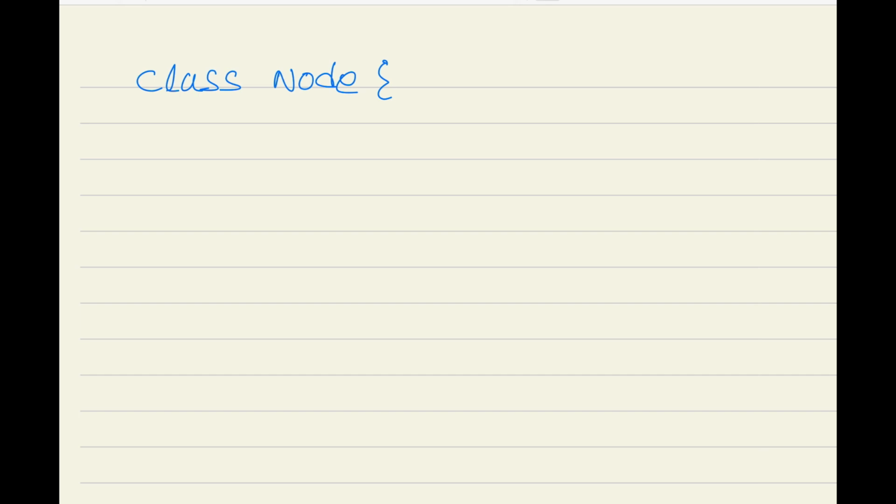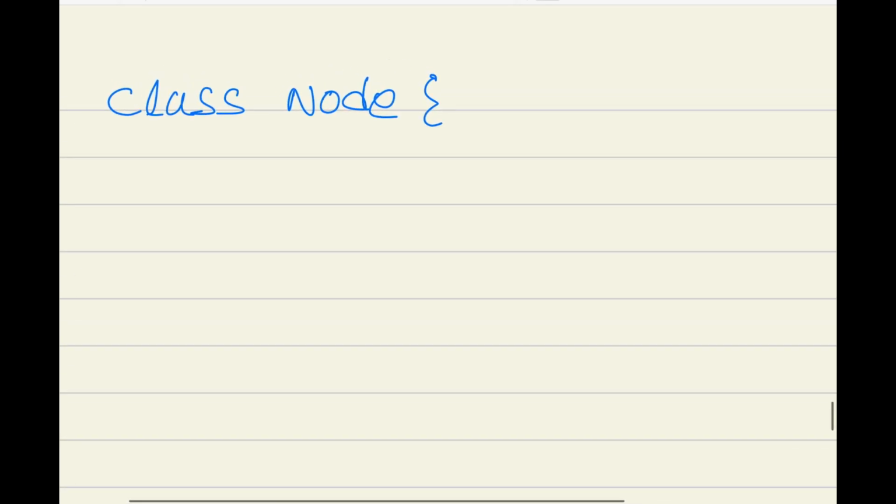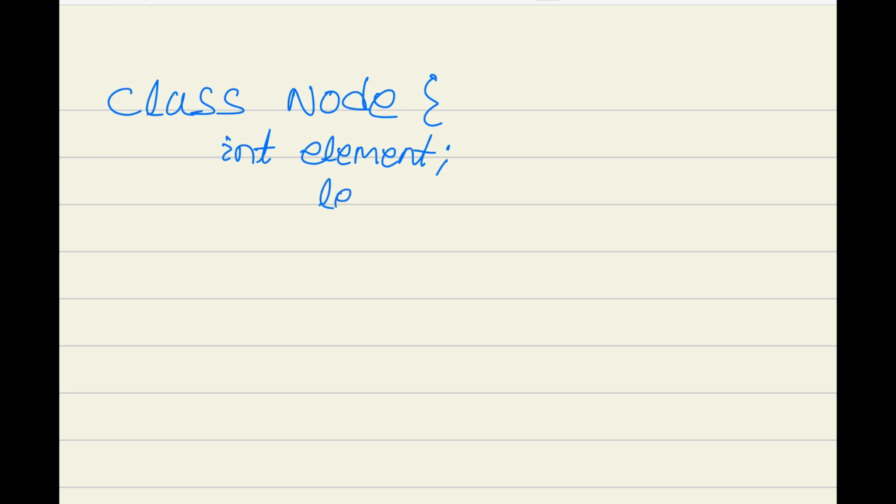One is the integer value, the variable element of type int, and another one is a reference to the left subtree, and another is a reference to the right subtree. So one reference is left, another reference is right.